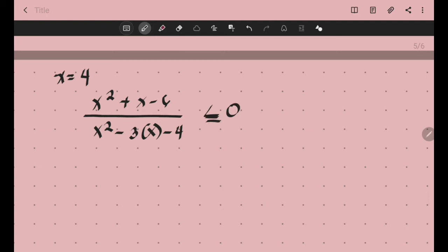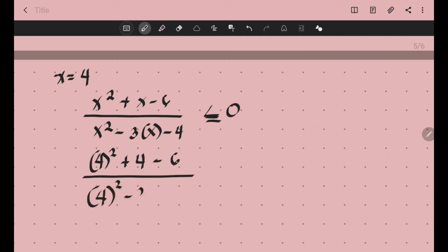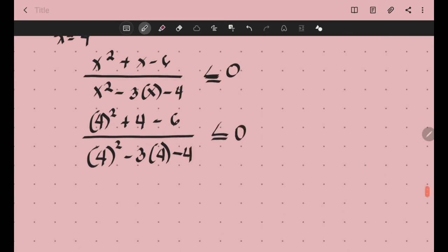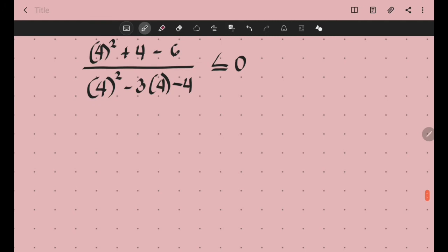So let us substitute positive 4. We have 4 squared plus 4 minus 6 all over 4 squared minus 3 multiplied by 4 minus 4. Is it less than or equal to 0? So let us perform the indicated operation. We have 16 plus 4 minus 6 all over 16 minus 12 minus 4.